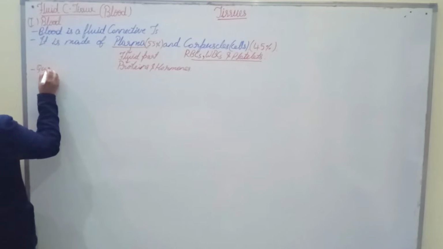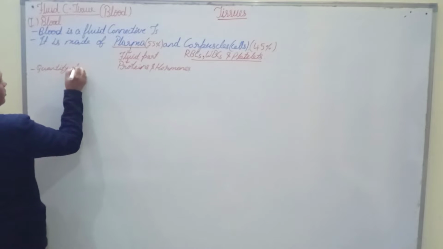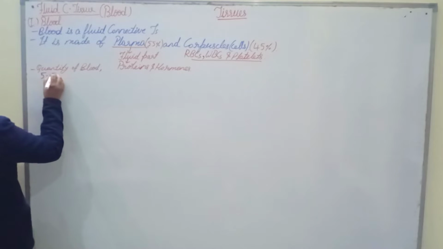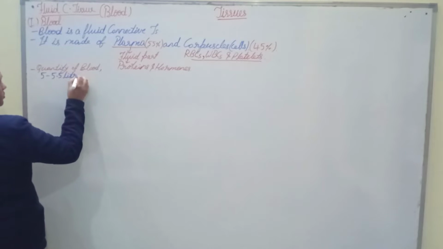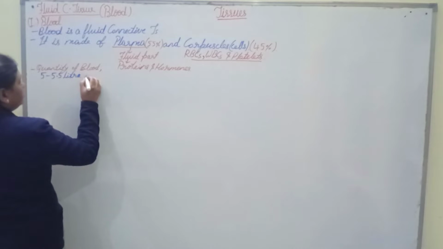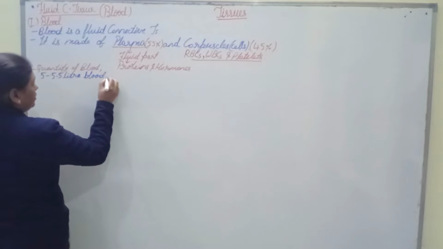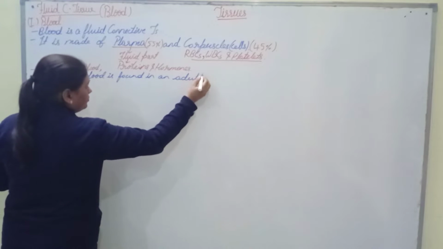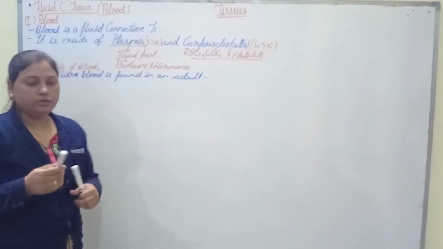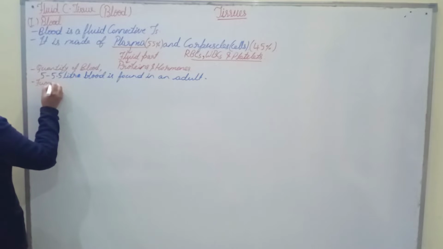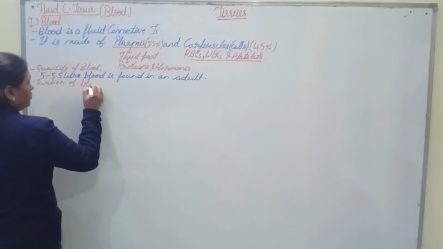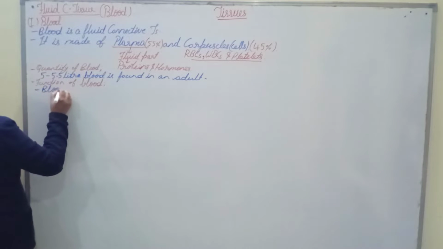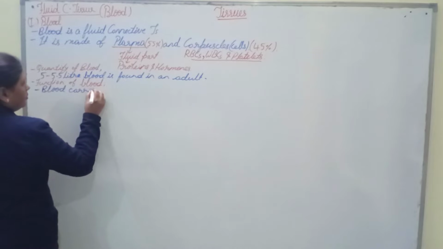Now the quantity of blood: around 5 to 5.5 liters of blood is found in an adult. Now what are the functions of blood?